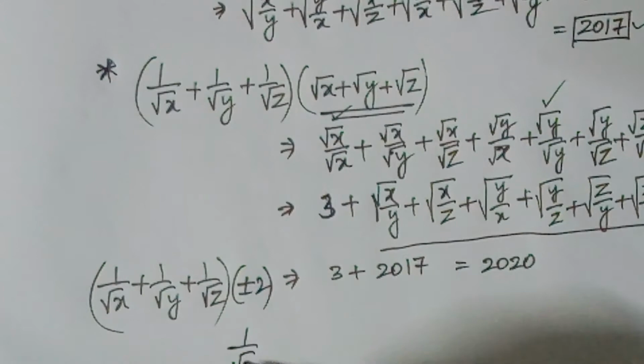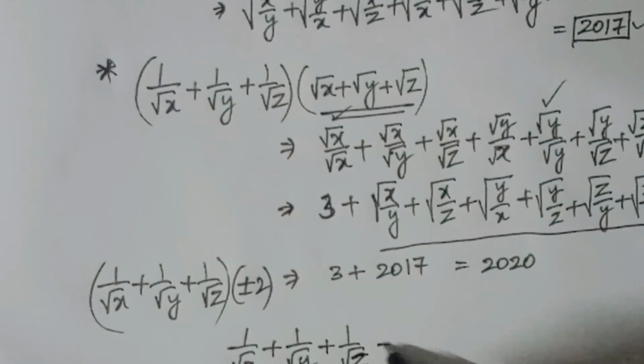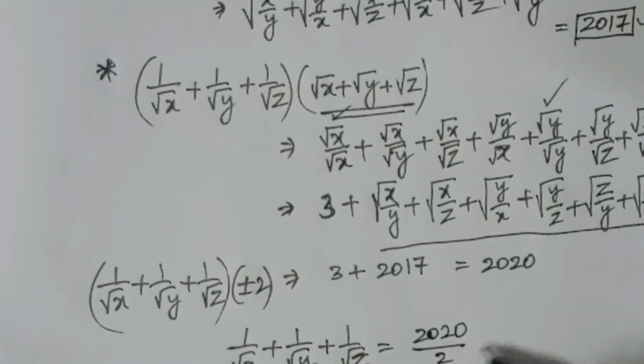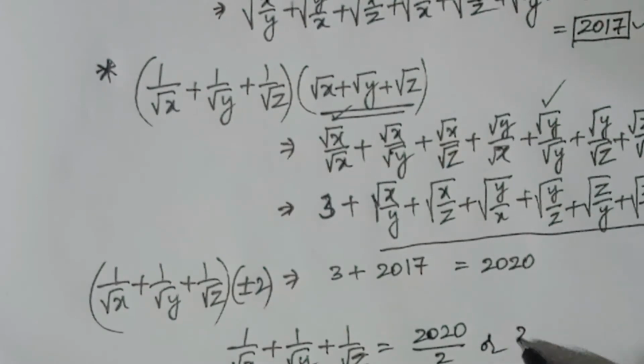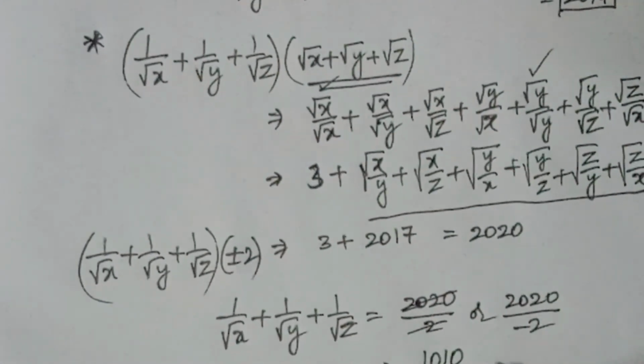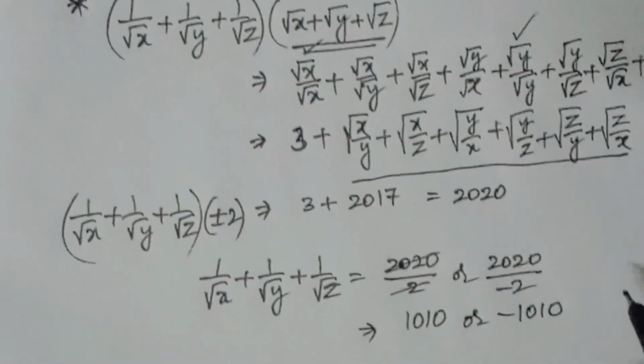So 1 by root x plus 1 by root y plus 1 by root z is equal to 2020 by 2 or 2020 by minus 2. So here you'll get 1010 or minus 1010.